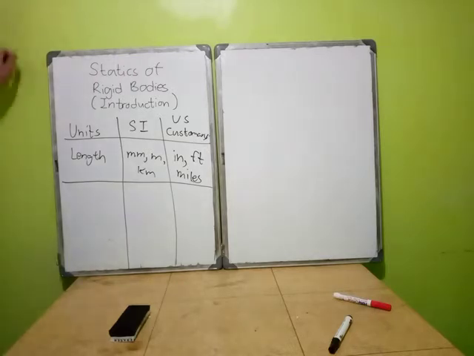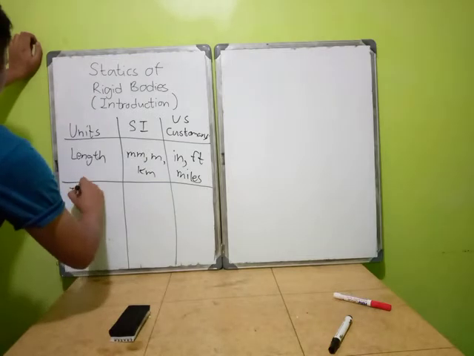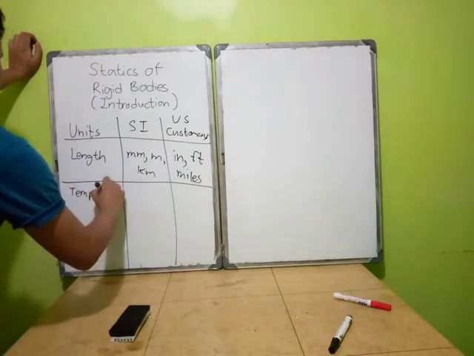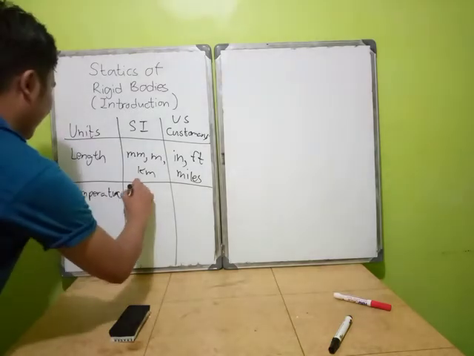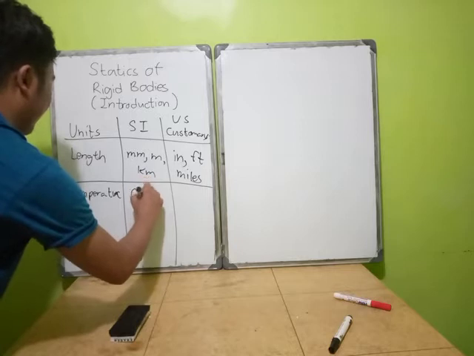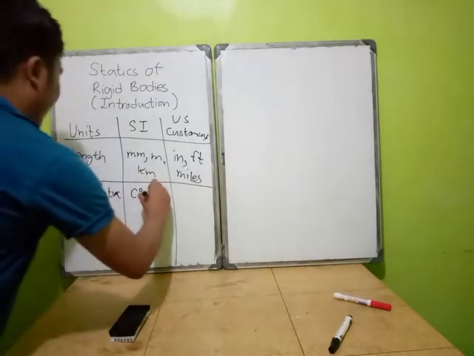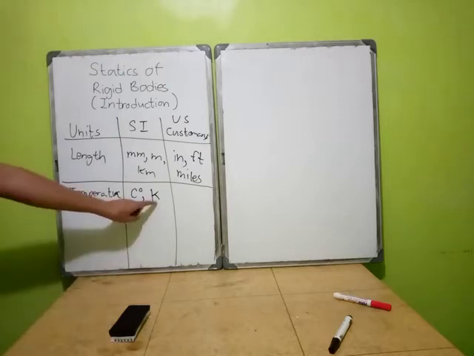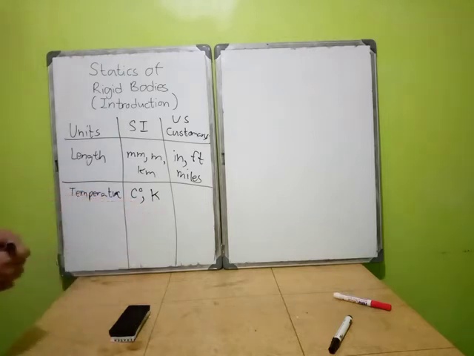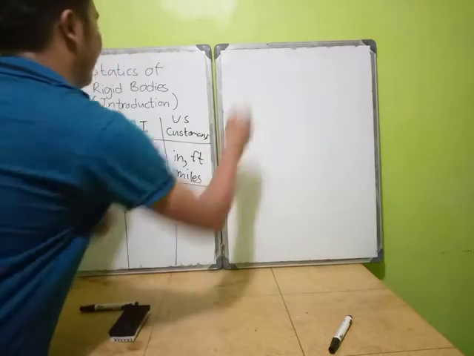We go to another unit, sa temperature. Dito sa SI units, yung madalas ginagamit is degree Celsius at Kelvin. This is Kelvin, class. This is the spelling of Kelvin.